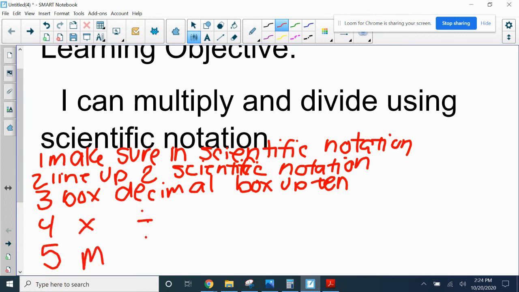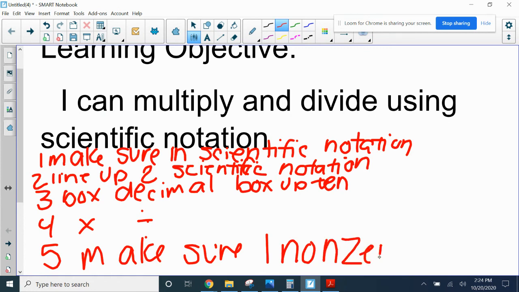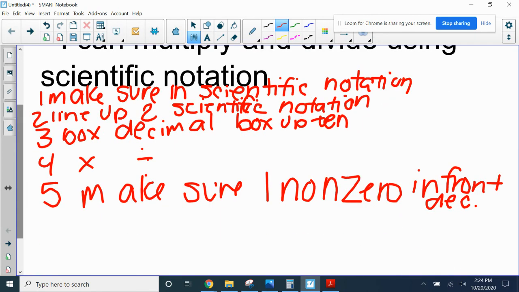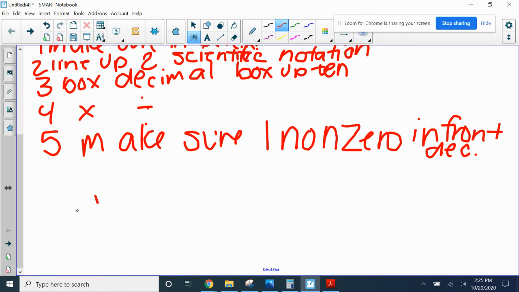5, make sure you only have 1 non-zero in front of the decimal. And so that means that if I have 0.125, I need to move that decimal to the right.